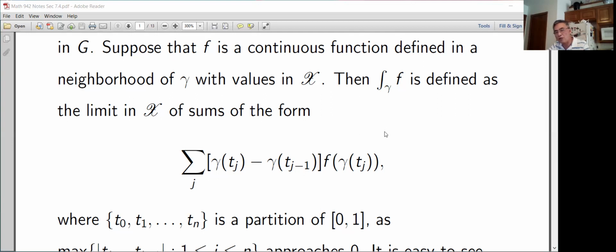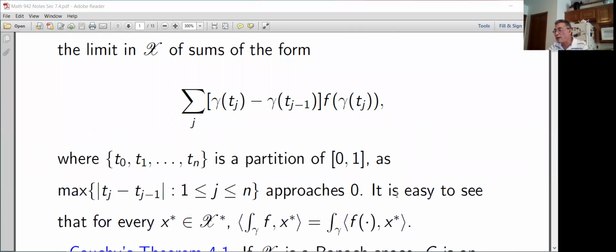In calculus courses, for line integrals, we have the first kind and the second kind. The first kind is the integral with respect to arc length. So that one is independent of the orientation. Now, here the integral is not the first kind, it's of the second kind, which depends on the orientation of the curve.